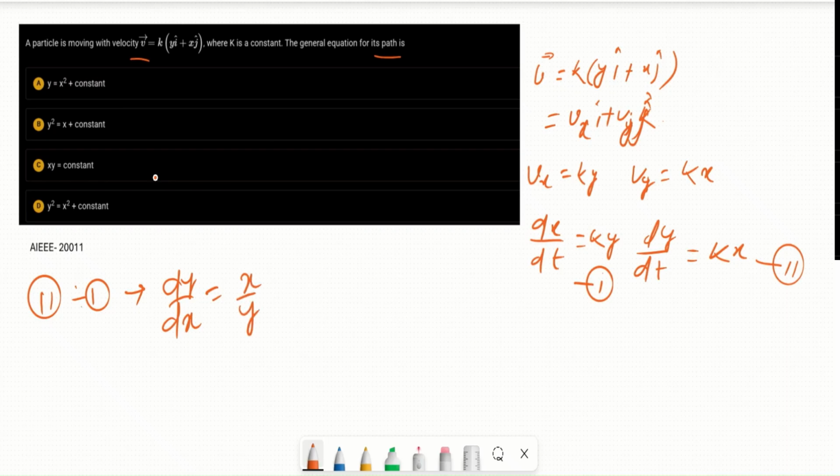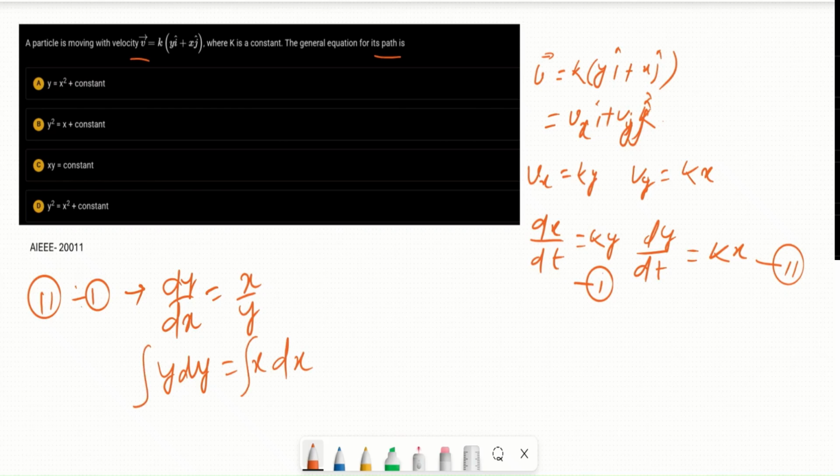Okay. So at least we know that the change in y with respect to x is x by y. So let us take the like variables together. So y dy is equal to x dx, and we integrate both sides.